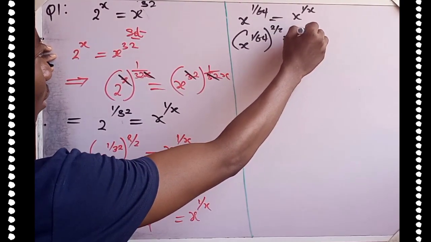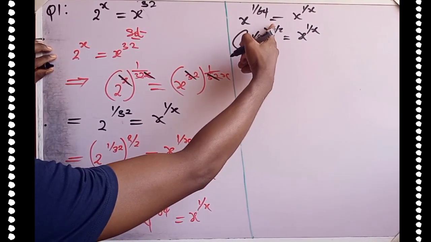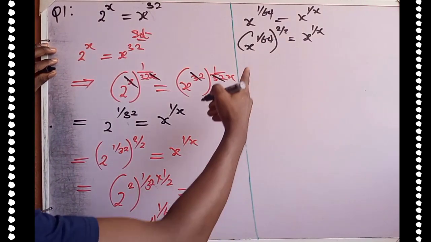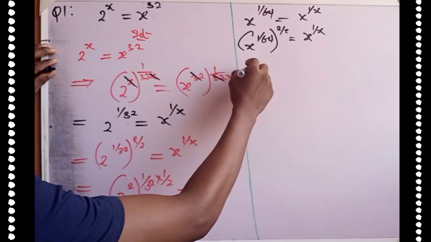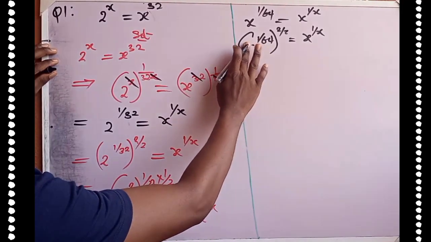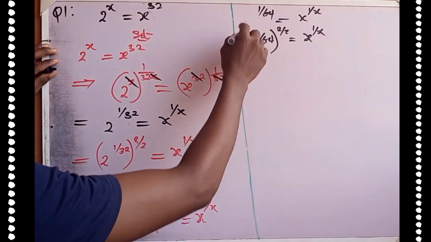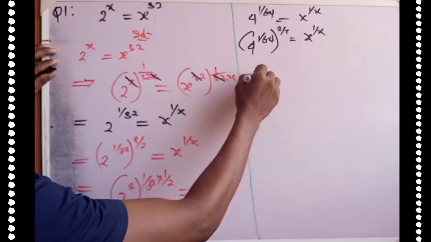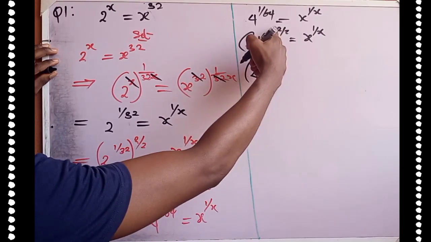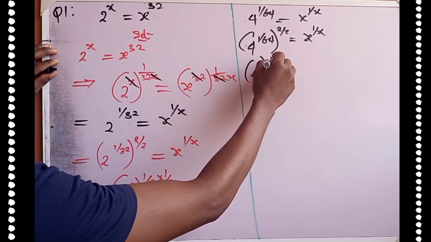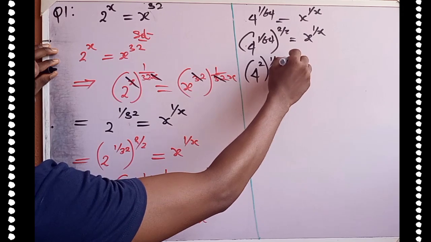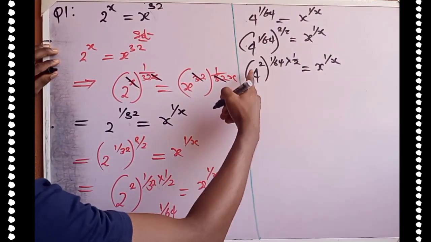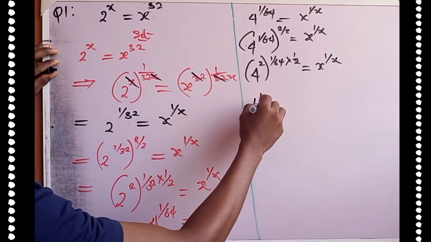Of course, by raising to the power of 2 upon 2, I have not changed anything because 2 upon 2 still gives me 1. So this 2 in the numerator comes in. So here it is 4, we had gotten it wrongly earlier. So we're going to have 4 squared coming in, then 1 upon 64 times 1 upon 2, equal to x to the power of 1 upon x. Then 4 squared will give us 16.